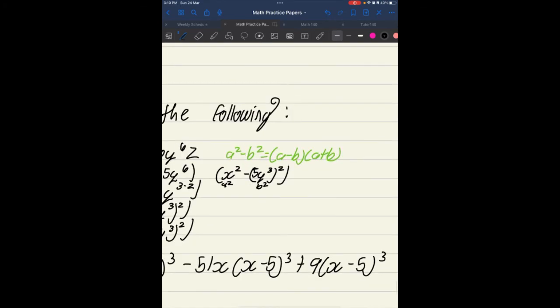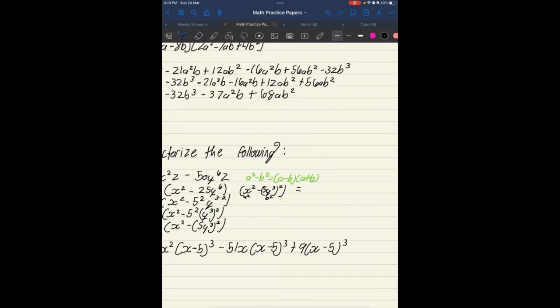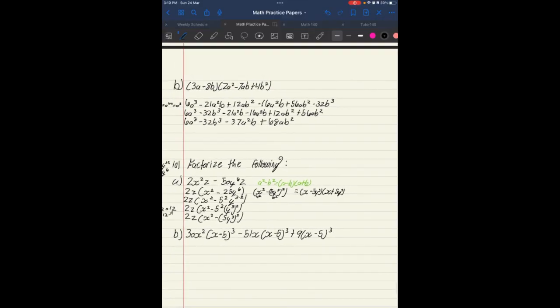So we could rewrite that as x minus 5y cubed, x plus 5y cubed. So our final answer, because we have to put the 2z back, is 2z times x minus 5y cubed, times x plus 5y cubed. And like I said, if you multiply those factors together, you would get the original expression.